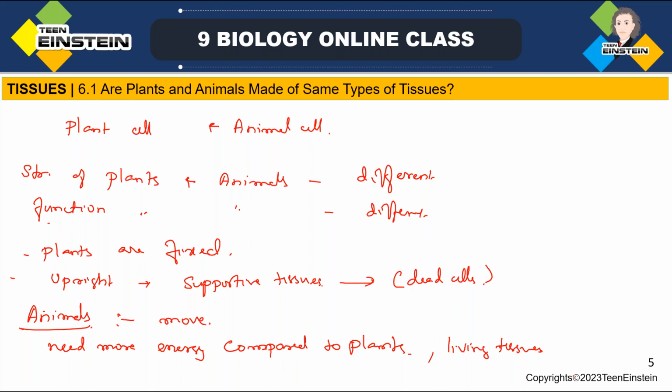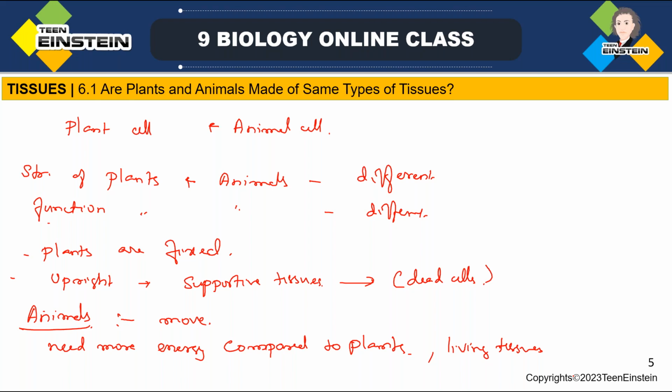So most of the tissues are living tissues in the case of animals, and each and every cell in that tissue will work to produce energy, right? Because animals need more energy.